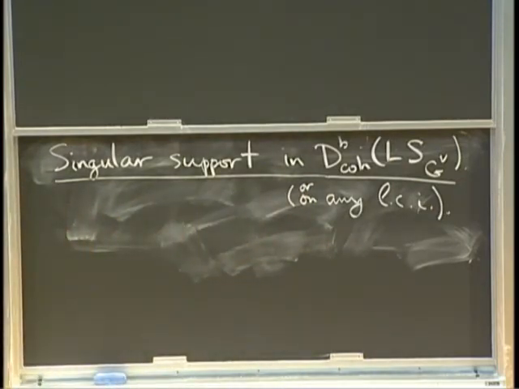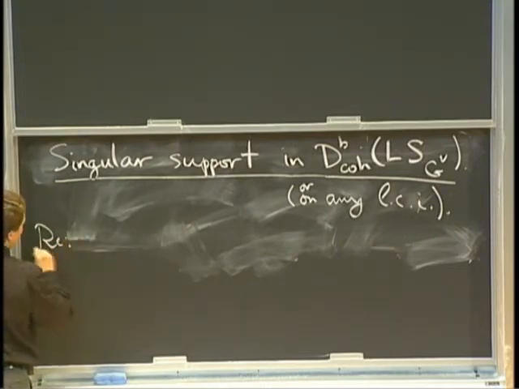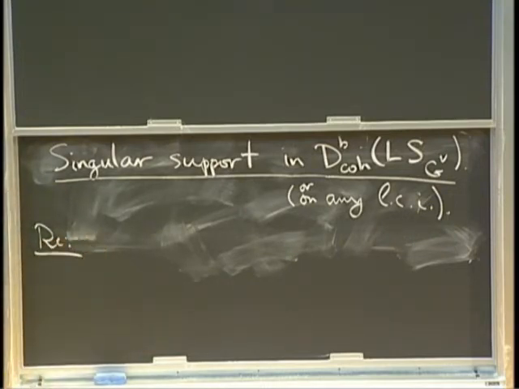And so let me just remind you what the word singular support usually refers to, and this was already mentioned in this conference, I think, under the name of microlocal support, same thing.